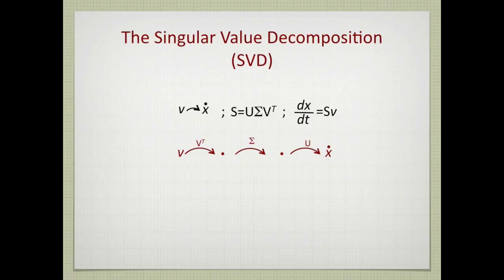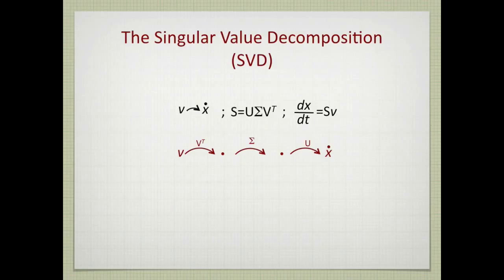Since S is a mapping of v into x dot, or the derivative vector, and S is factored into three matrices, you basically take that single mapping and break it down into three separate mappings. First, V transposed, and V is comprised of the right-hand side singular vectors.